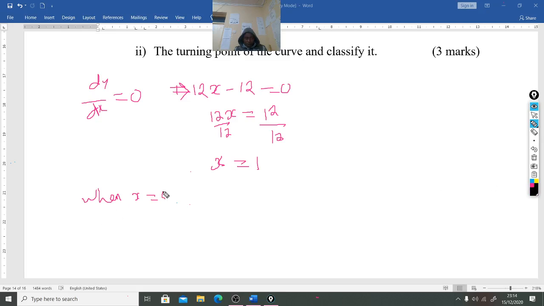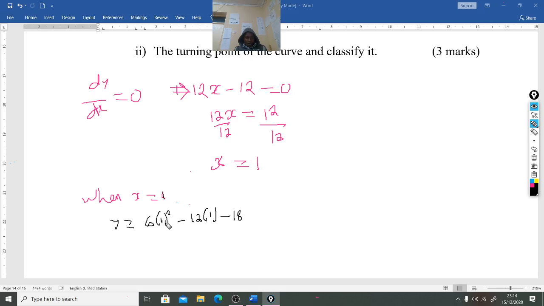You substitute in the original equation, that is 6 times 1 squared minus 12 times 1 minus 18.